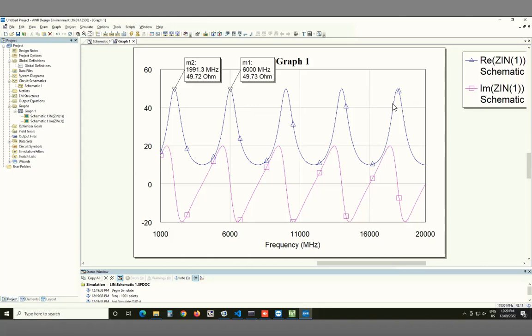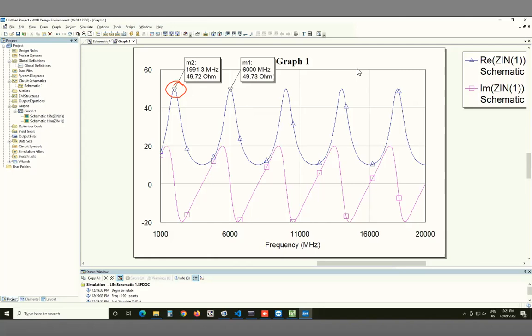It's a trick question. Yes, but what I'm saying is that we saw that a 3 lambda by 4 transformer falls off faster compared to a lambda by 4 transformer. So if I had actually gone to a 5 lambda by 4 transformer, it would have been even sharper. Now, this first point here, the lowest frequency, is a lambda by 4 transformer.